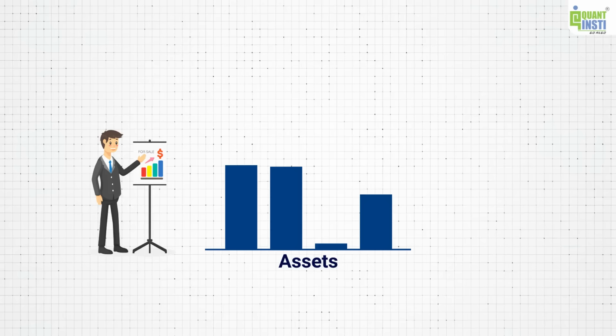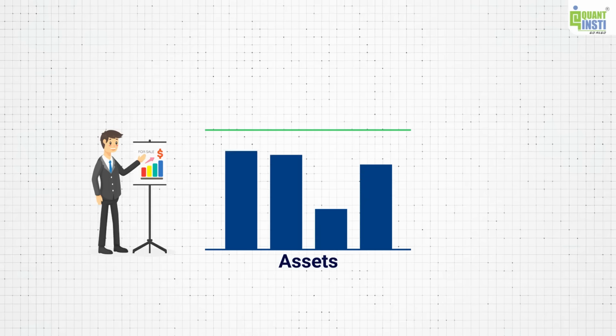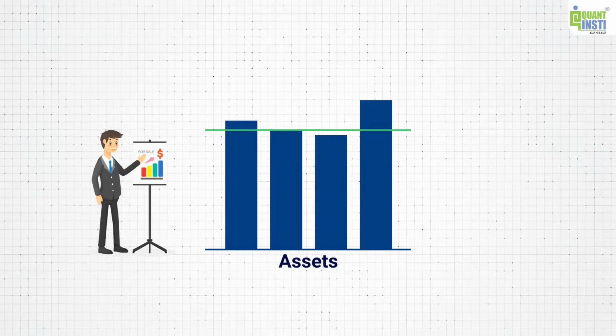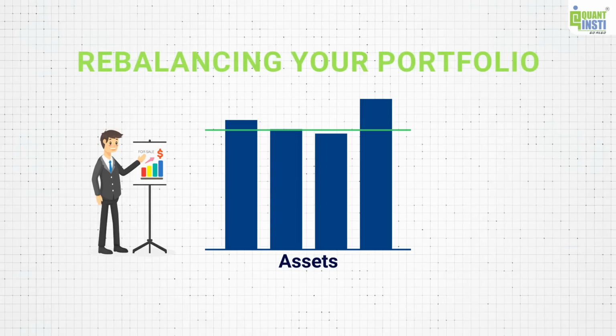They want to adjust these proportions back to their target. This happens when some assets have grown way out of proportion, or even not so much out of proportion, but at least drifted away from the target mix. And this deviates from the initial investment. So what you want to do is get this back into the correct proportions. In a nutshell, this is called rebalancing your portfolio.